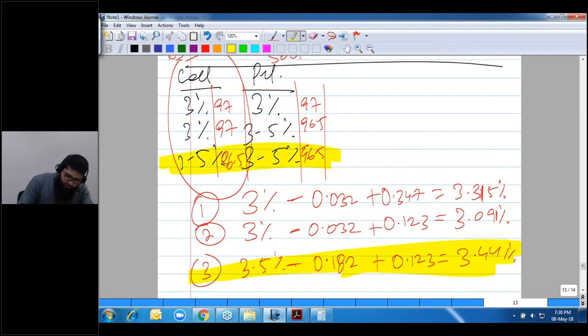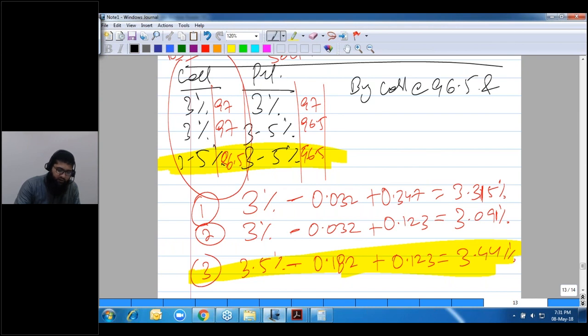So 3.441% is the best option, and the collar is going to be created as: buy call at 96.5 and sell put at 96.5.